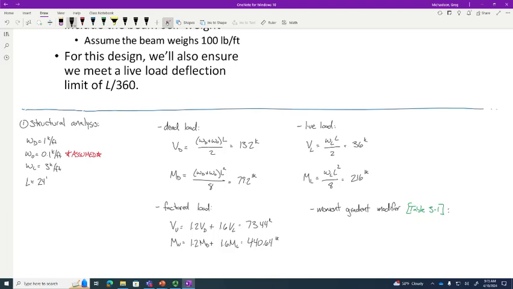I have a simply supported beam subjected to a uniformly distributed load, bracing I have is here and here. So there's only one unbraced segment. So what is CB going to be for this problem?